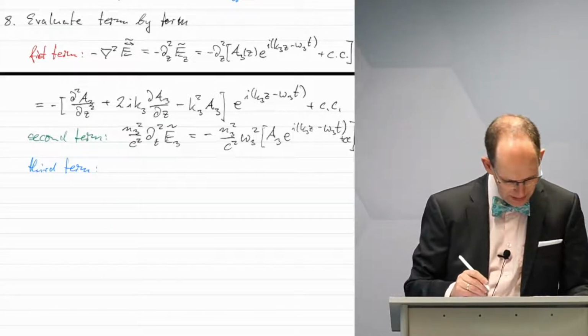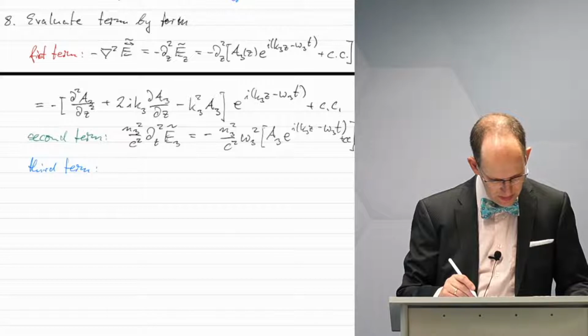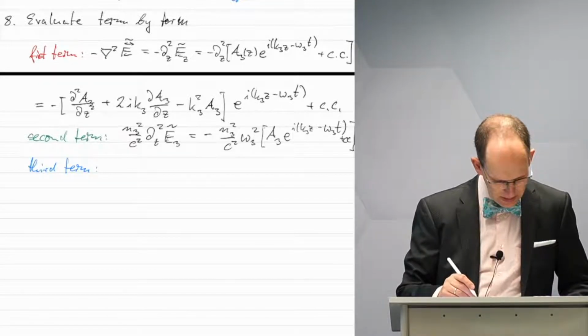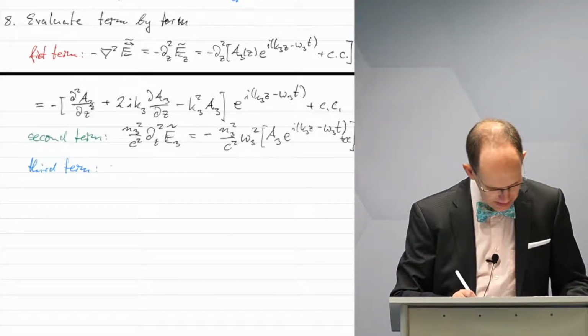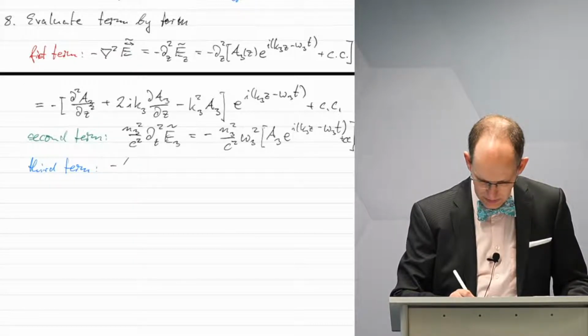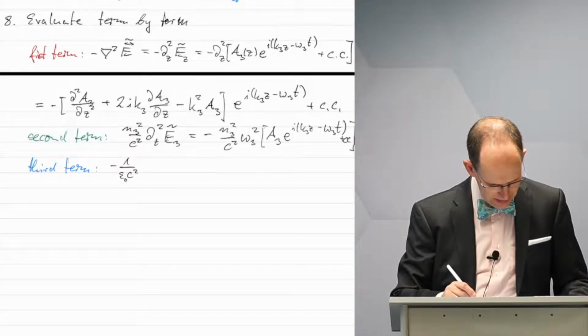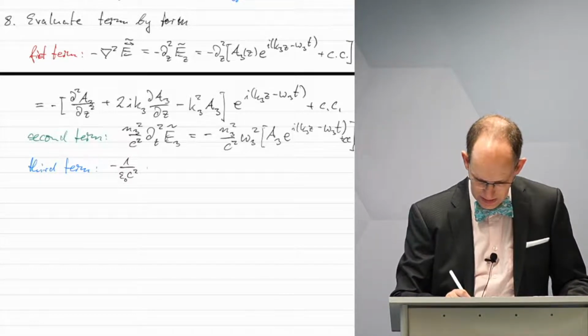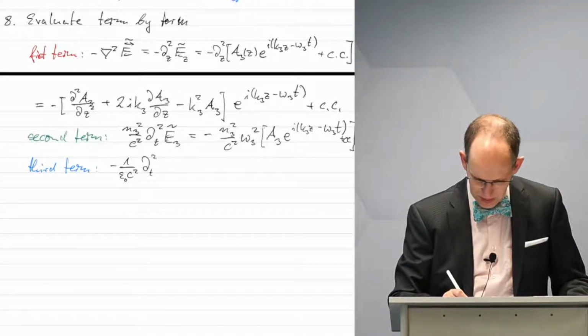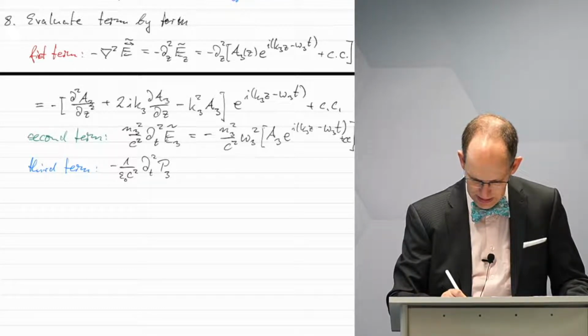And finally, the third term, similarly easy. There we have minus 1 over epsilon 0 times c squared, and the second derivative of the polarization, so the acceleration.